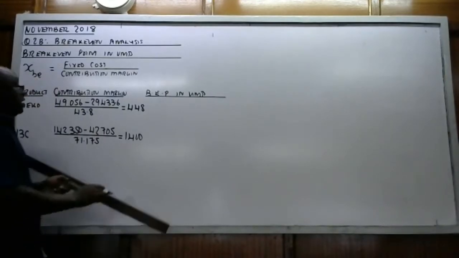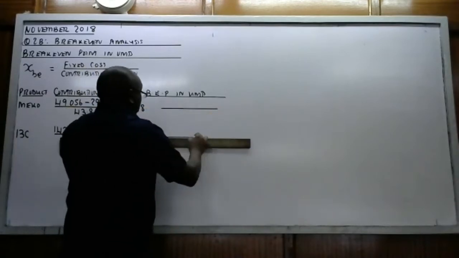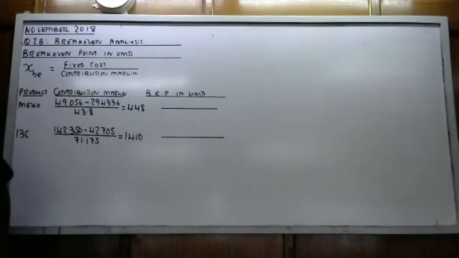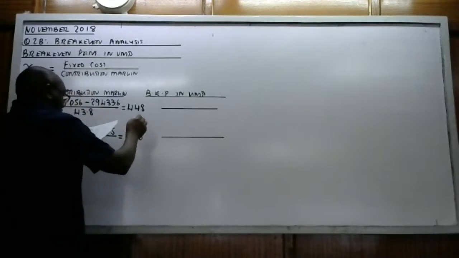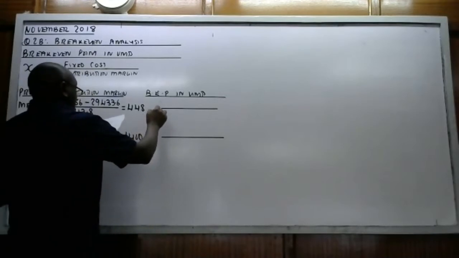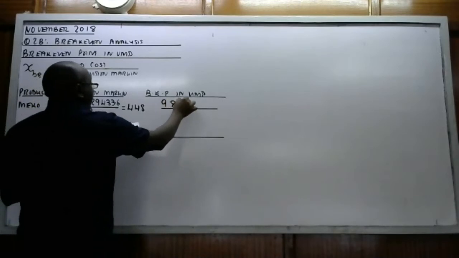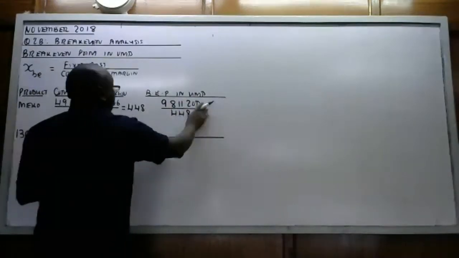So the break-even point now. The break-even point in units is the fixed cost. For MECO it is 9,811,200. So you divide by 448.